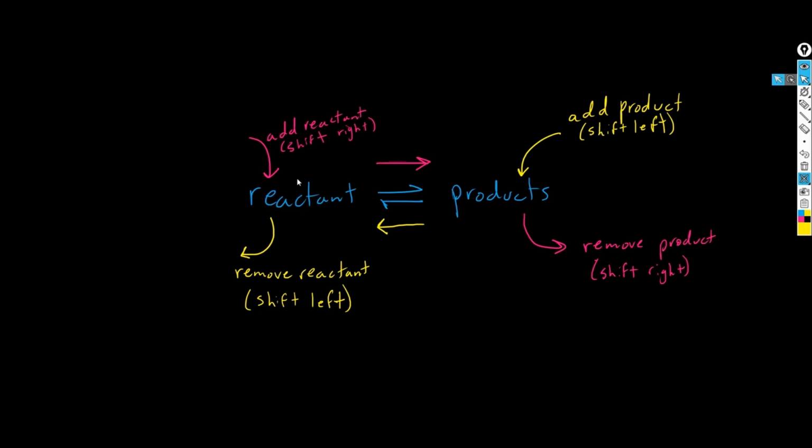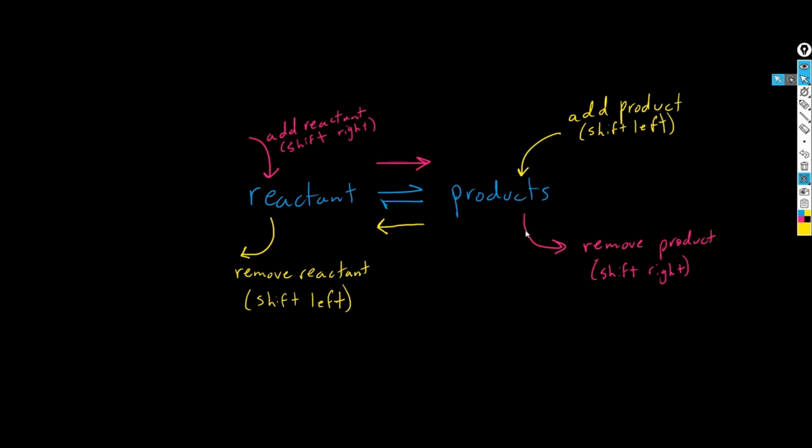If we add a certain reactant or a certain product, then the equilibrium is going to shift to use up the reactant or product. So if we add a reactant, equilibrium shifts to the right because the forward reaction uses the reactant. If we add product, equilibrium shifts left because by using the reverse reaction, we can use up that product. Removing is the same thing: lowering concentration.